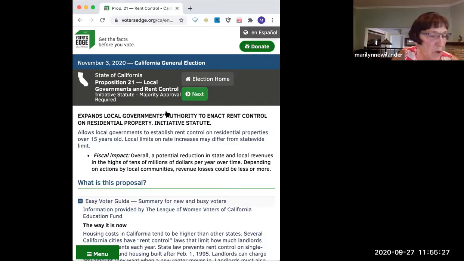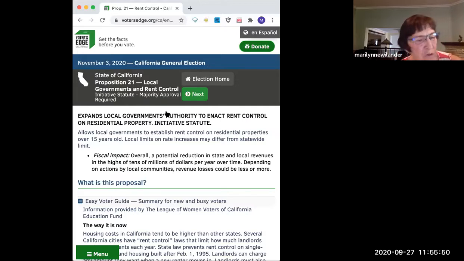Supporters say even small increases in rent force more families into homelessness, which is a burden on the entire community. Many seniors and veterans presently are left with too few resources for food, medical care, and other needs. Proposition 21 guarantees landlords a reasonable profit.